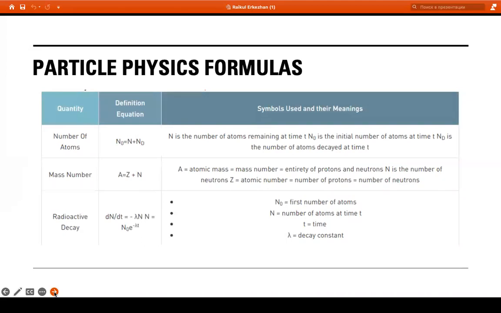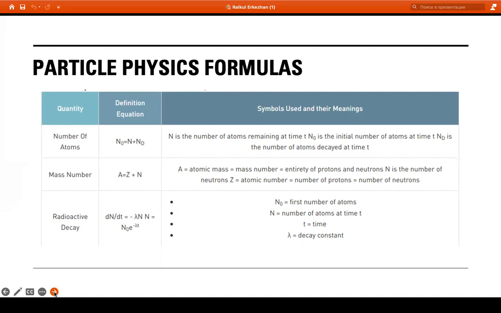Particle physics formulas, as we can see in this graph, have a quantity, a definition equation, and their meaning. The number of atoms: n0 equals n plus nd. Here n is the number of atoms remaining at time t, n0 is the initial number of atoms, and nd is the number of atoms decayed at time t.